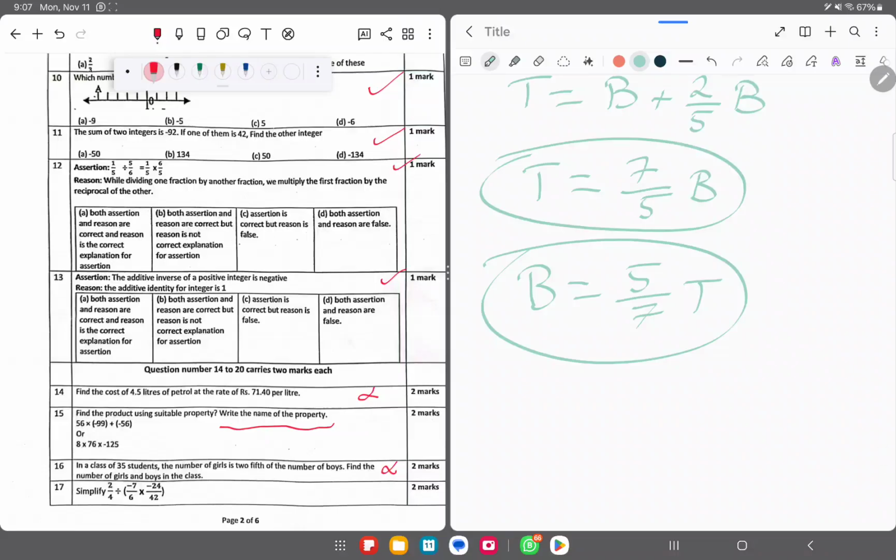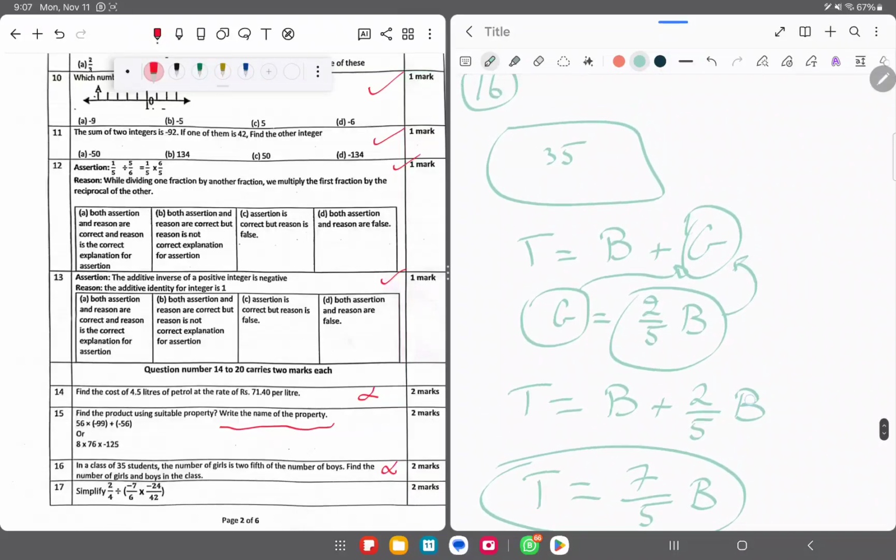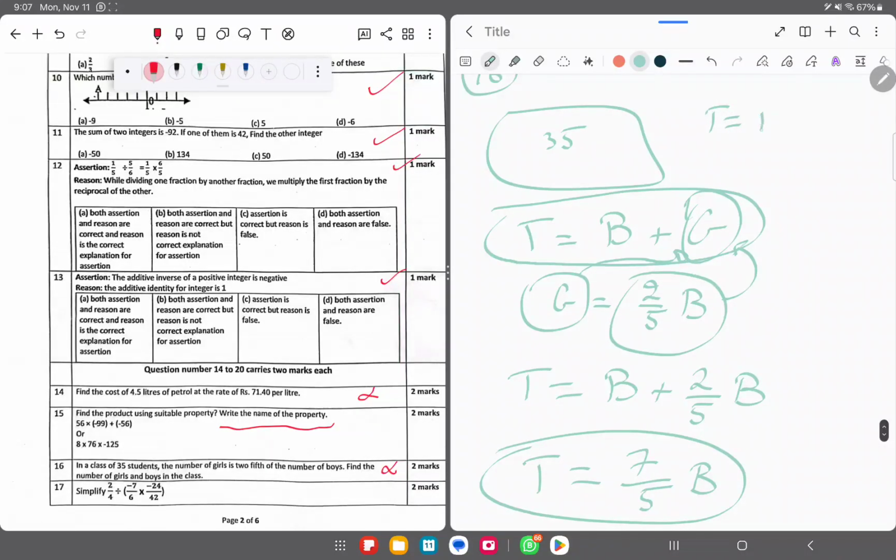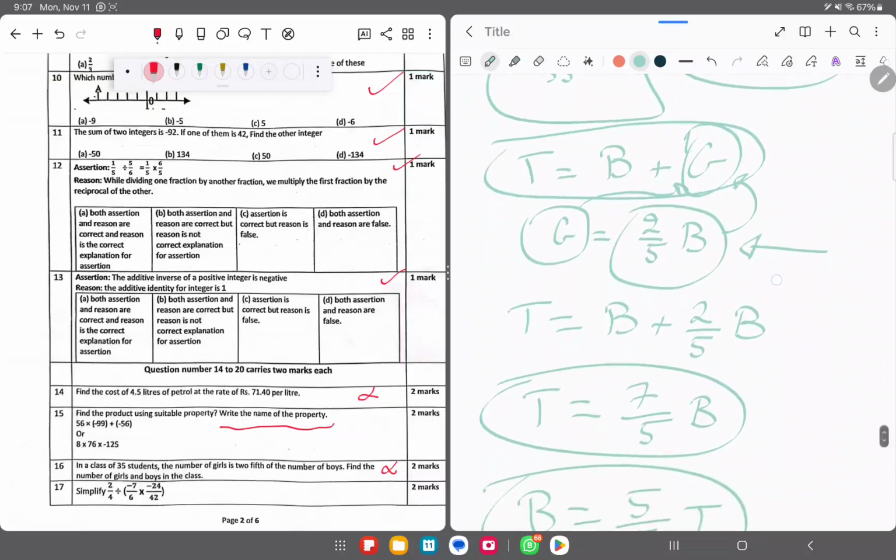First of all, we spoke about this one: T is equal to B plus G. The total number of students is equal to the number of boys and the number of girls in the classroom. Then the number of girls is equal to 2/5 the number of boys.